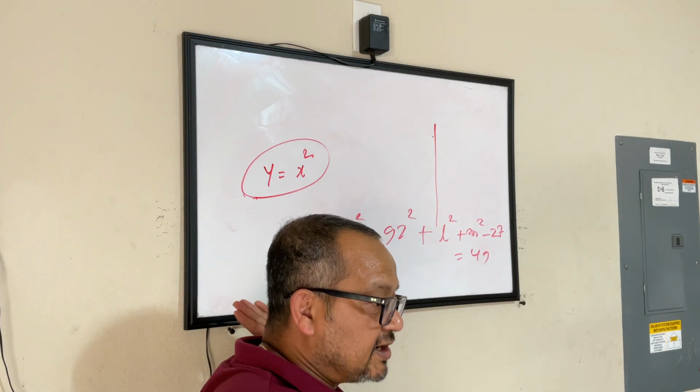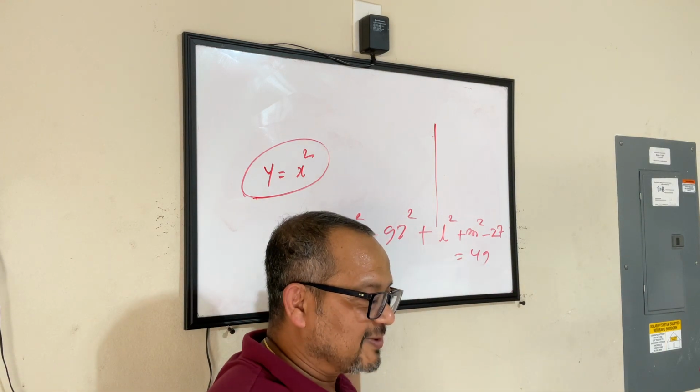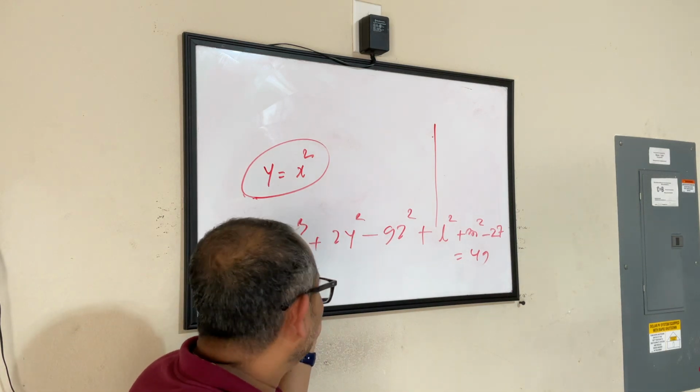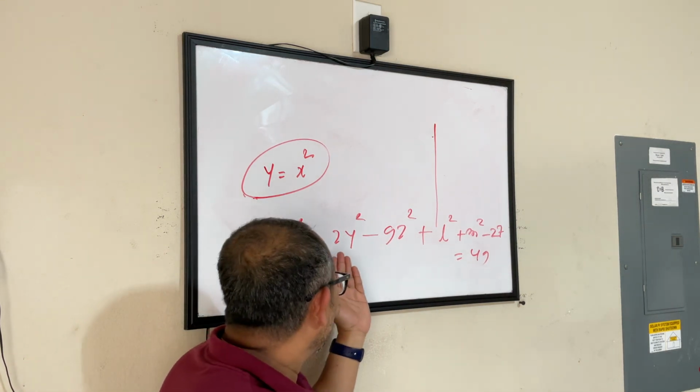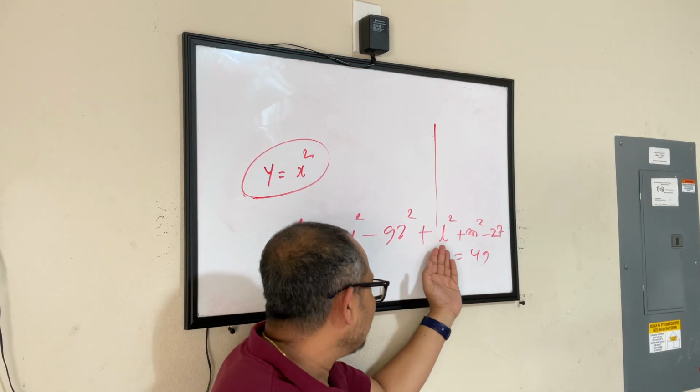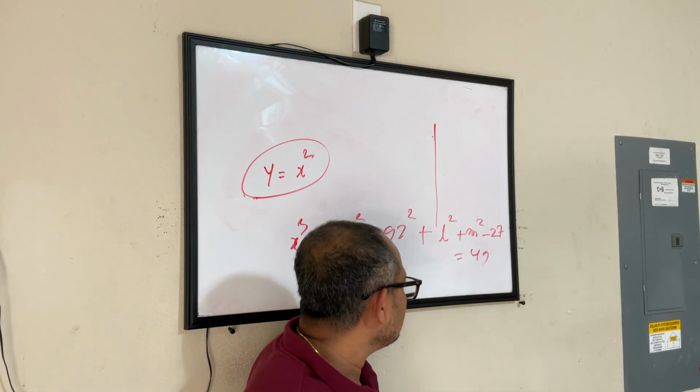We can literally run an election with this many participants. x is one participant, y is another variable, z is another one, l is another one, m is another one.